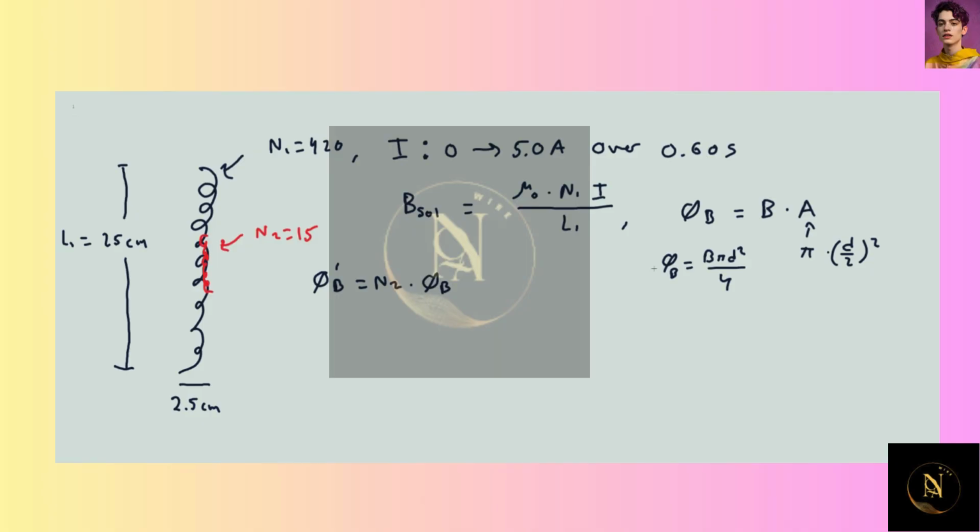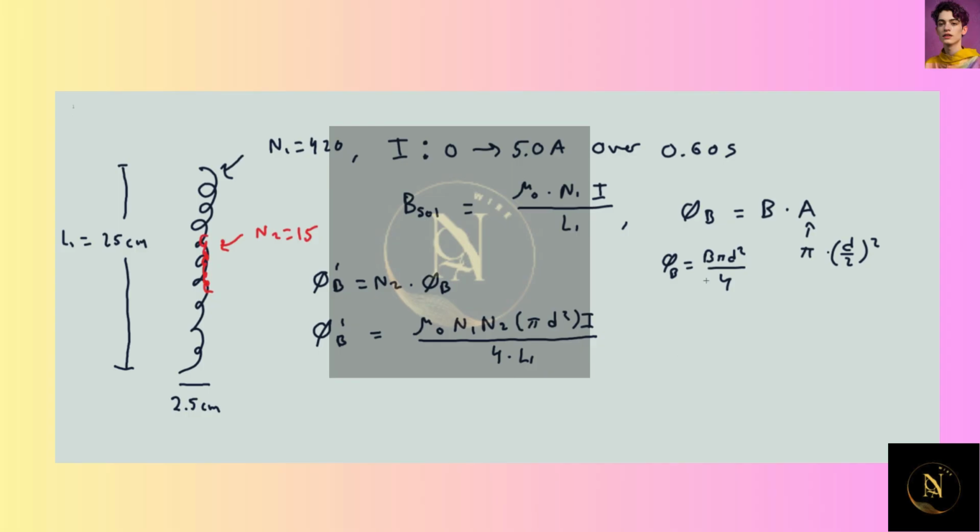So now we can substitute these two equations using the fact that the magnetic field of the solenoid is given by this expression to find that the flux prime is equal to mu naught N1 N2 times pi d squared times the current over 4 times the length of the large solenoid.